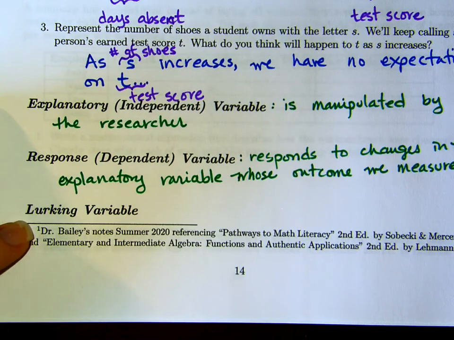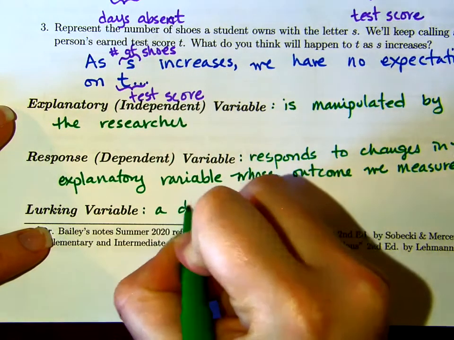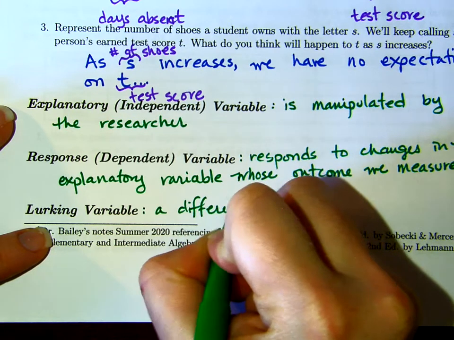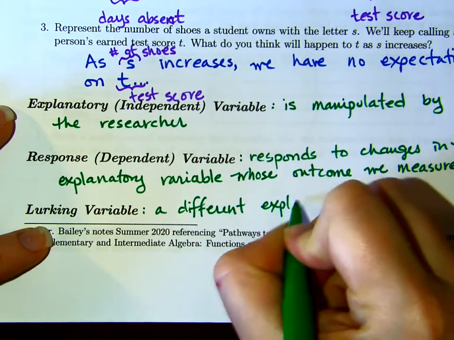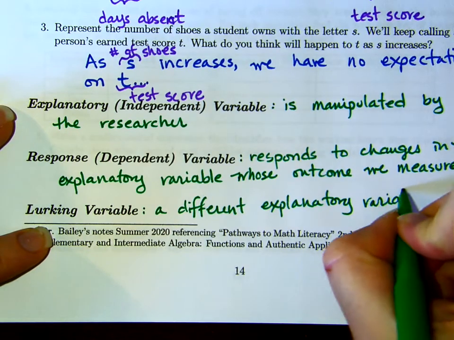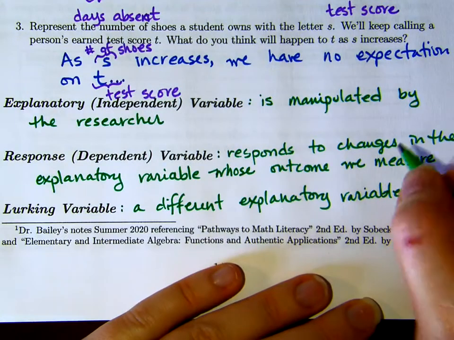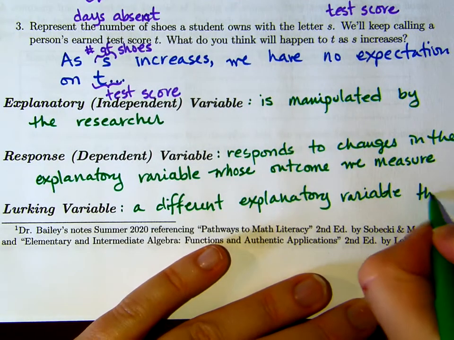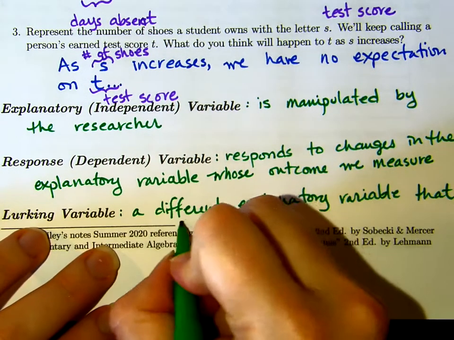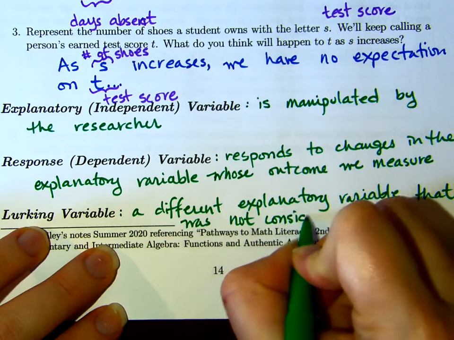So a different explanatory variable, okay, that was not considered by the researcher.